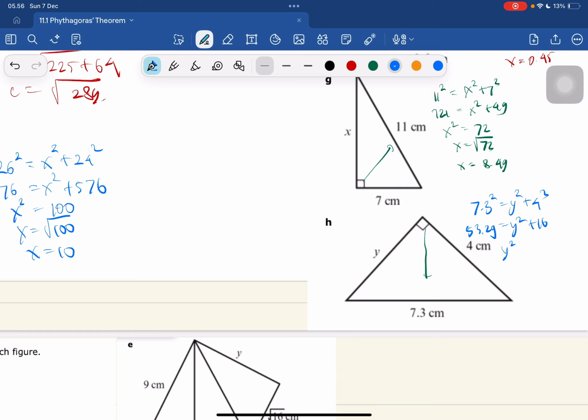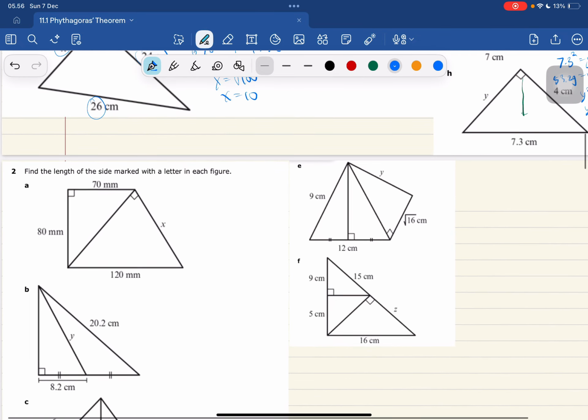So y squared equal to 53.29 minus 16. So this is 37.29. So y equal to square root of 37.29. So y equal to 6.11 centimeters.